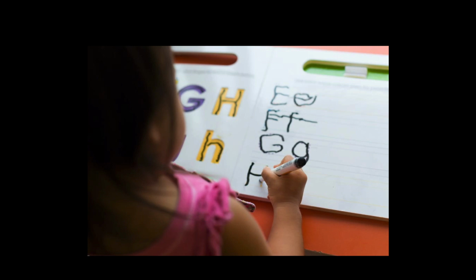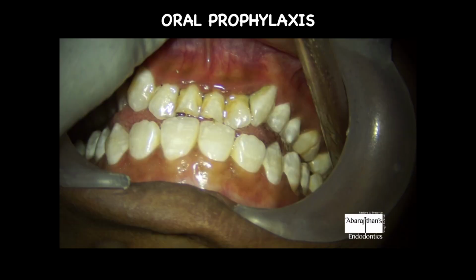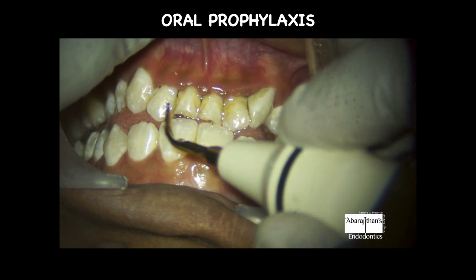So what we need to do, how do we adapt to this new ergonomic procedure, the advanced ergonomics from the basic ergonomics, is there is definitely a steep learning curve, but it is just like how you learnt your handwriting. It's just how you improve the hand-eye coordination, which comes only with practice. There is no shortcut. We need to keep repeatedly doing this, and the best advice that I will give for people who want to learn advanced ergonomics is to do oral prophylaxis from this posture.